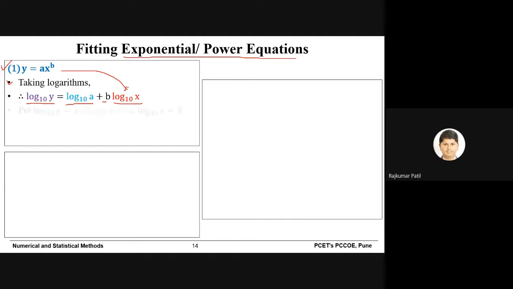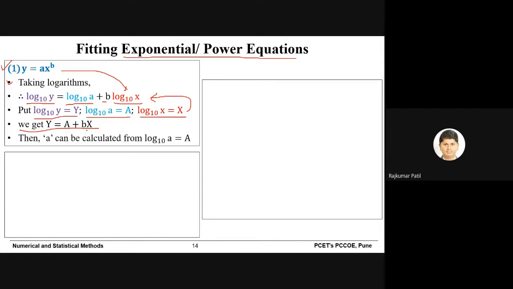Now in this linearized form, we can put log to the base 10 y equal to capital Y, log to the base 10 a equal to capital A, and log to the base 10 x as capital X. When you put all these values in this equation, we will convert that equation into a linear form, that is Y is equal to A plus bX.